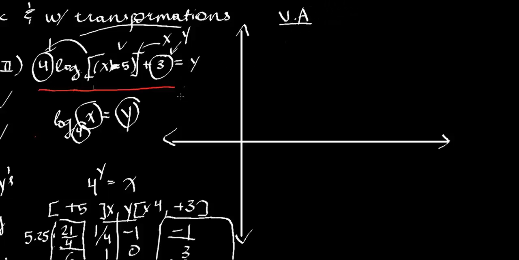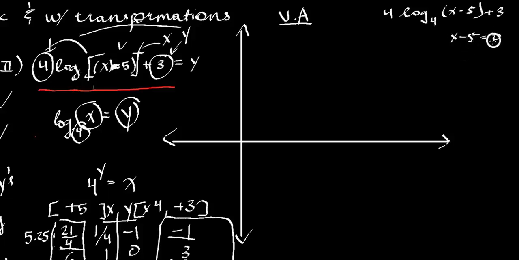How do I find the vertical asymptote in this function? Well, all you have to do is set the inside to 0. It's what x can't be.